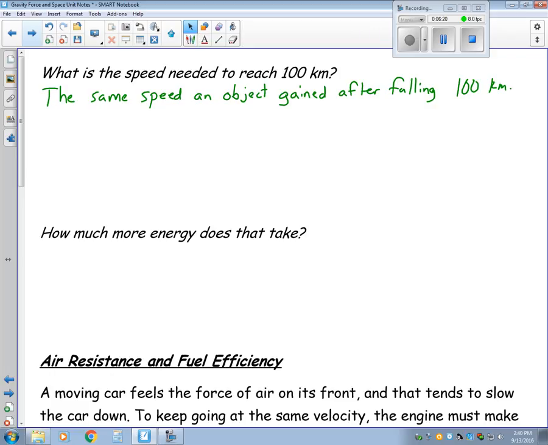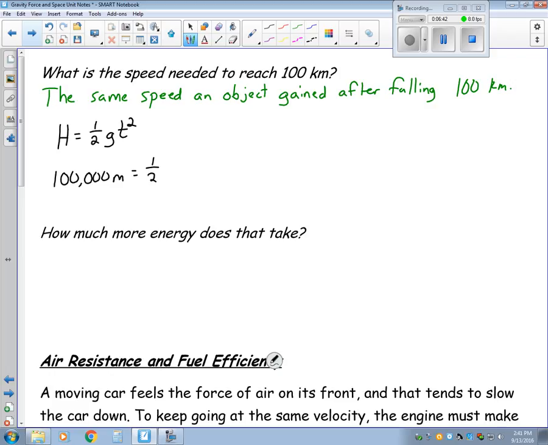And that's really handy because we have this nice little formula that says drop height equals 1/2 g t squared. So if I plug in the parameters, I'd have 100,000 meters equals 1/2, g is 9.8, times t squared.